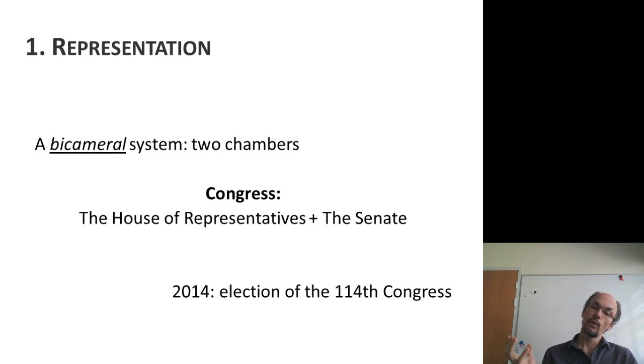On the other, you have the US Senate, or the Senate. The two chambers taken together constitute the US Congress. Every 2 years, a new Congress is elected. So in 2014, this year, we'll have the election of the 114th Congress.